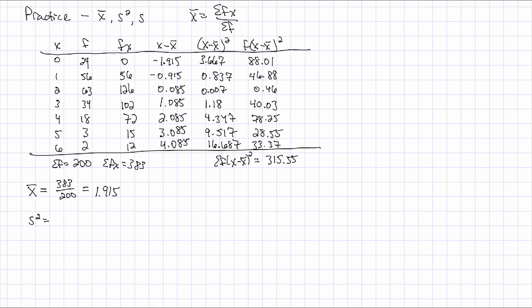So our variance is the sum of our frequency times our x minus x bar squared, divided by the sum of our frequencies minus 1. So I have 315.55 divided by 199, which gives us 1.586.